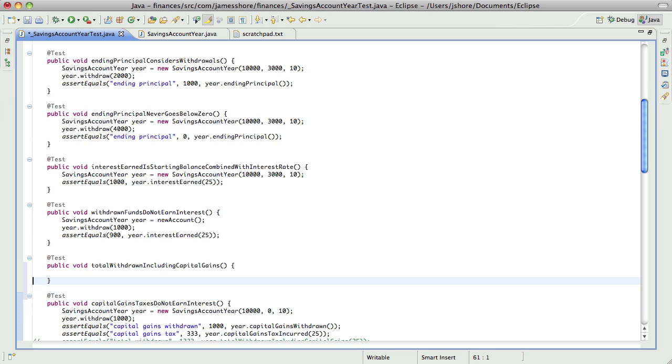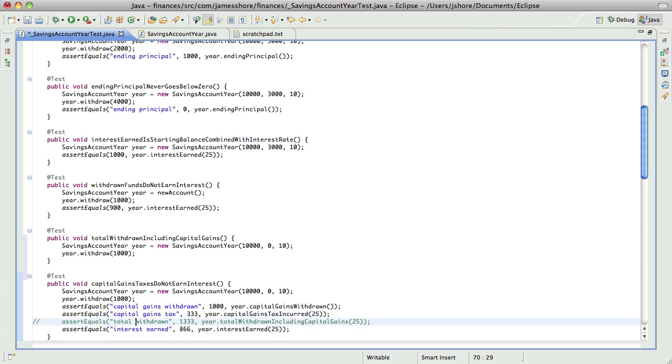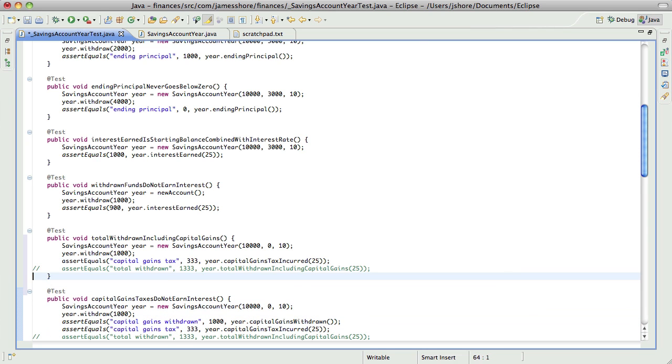So again, we'll do this. We'll withdraw 1,000. Really, we're going to do the exact same thing that we did here, except I'm just going to do this much. Capital gains tax on that, and this is going to be including capital gains tax withdrawn. So that doesn't exist.